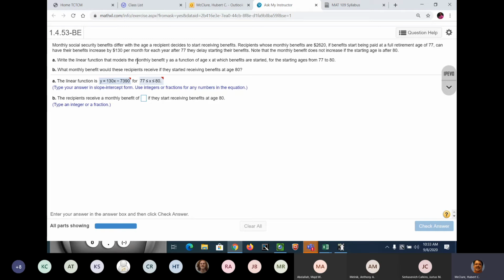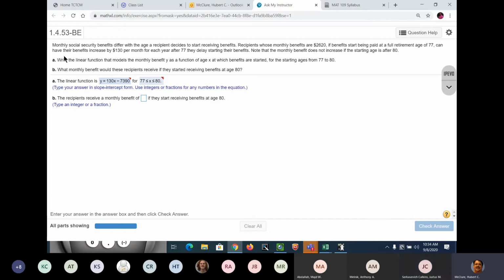Write a linear function that models the monthly benefits as a function of age, such as benefits has started. I think what they did is put the total of like 130 times or they did the 20 and tried to get the final answer.